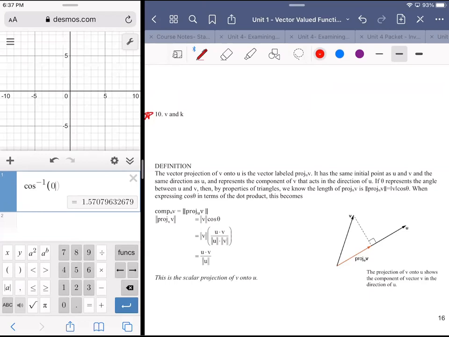If theta represents the angle between U and V, then by properties of magic of triangles, we know the length of the projection of V onto U is the magnitude of V times cosine of theta. When expressing cosine of theta in terms of the dot product, this becomes blah, blah, blah, all that stuff.